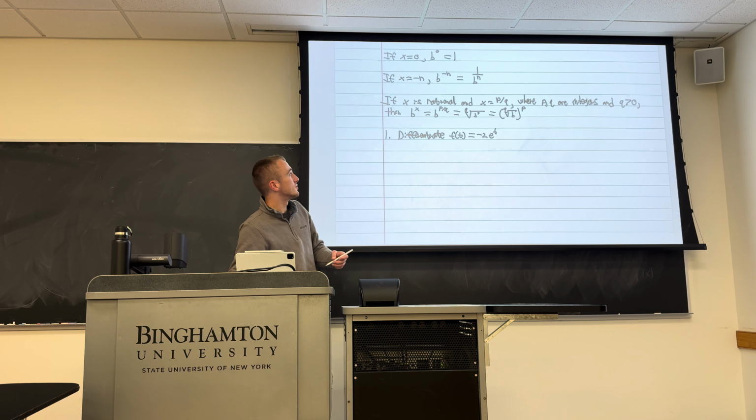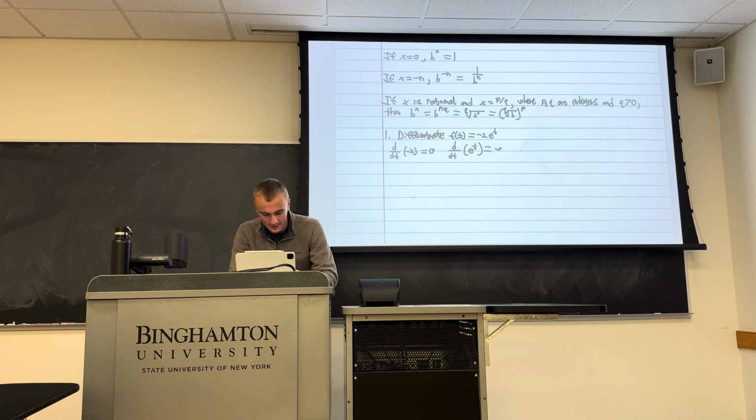So the negative 2 is the outer term, e to the t is the inner term. So we know that d/dt of negative 2 equals 0, and then we know d/dt of e to the t equals e to the t.